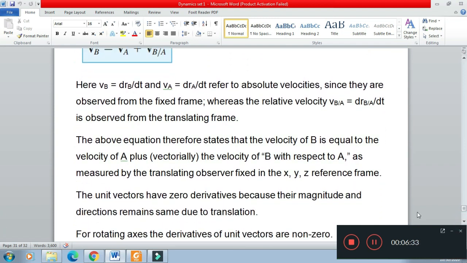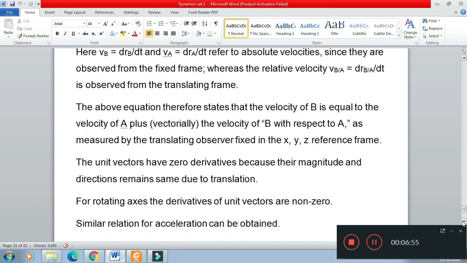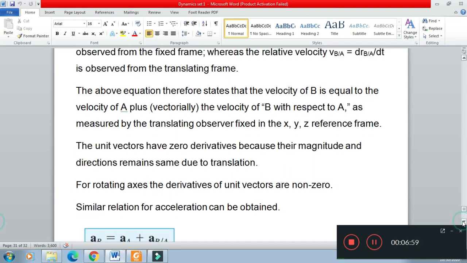We can describe in words that velocity of B is equal to velocity of A plus the velocity of B with respect to A. Again, for the translating frame of reference, the unit vectors have zero derivatives.